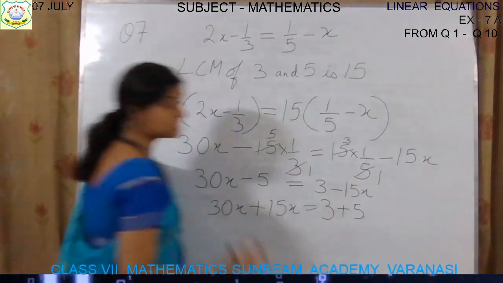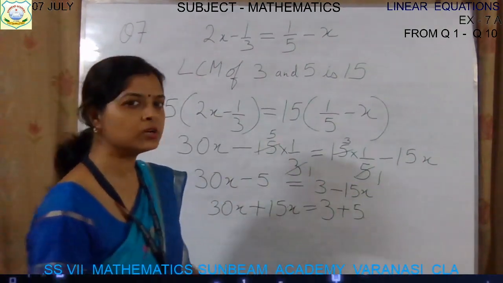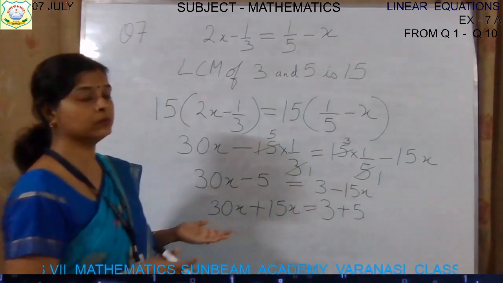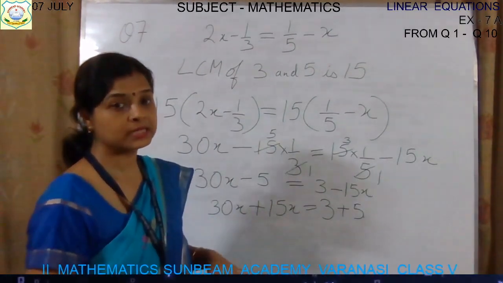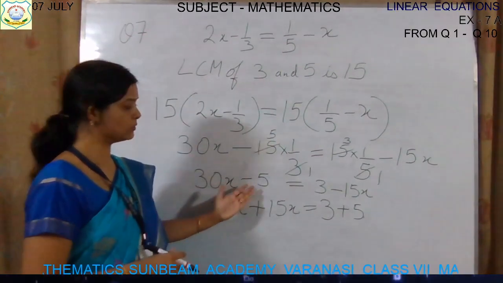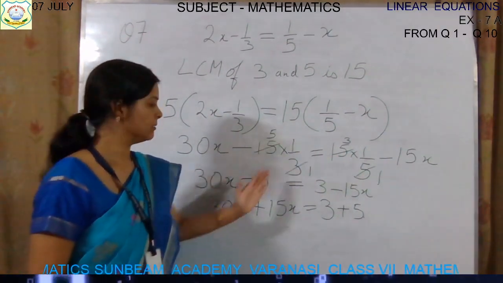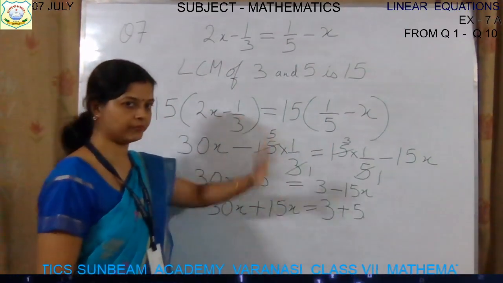The word is transpose. Many times I am saying shifting because you may know these words commonly, but the main word is transposing. Transposing minus 5 to RHS, right hand side, minus 5 will become plus 5.